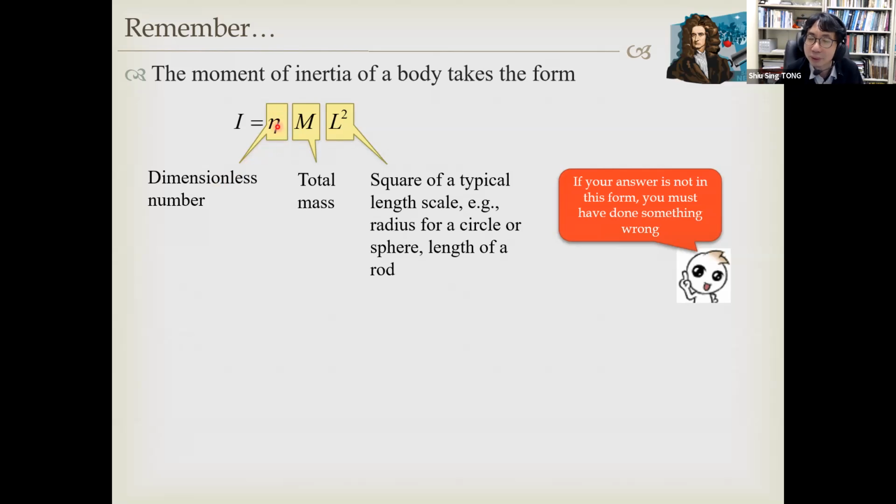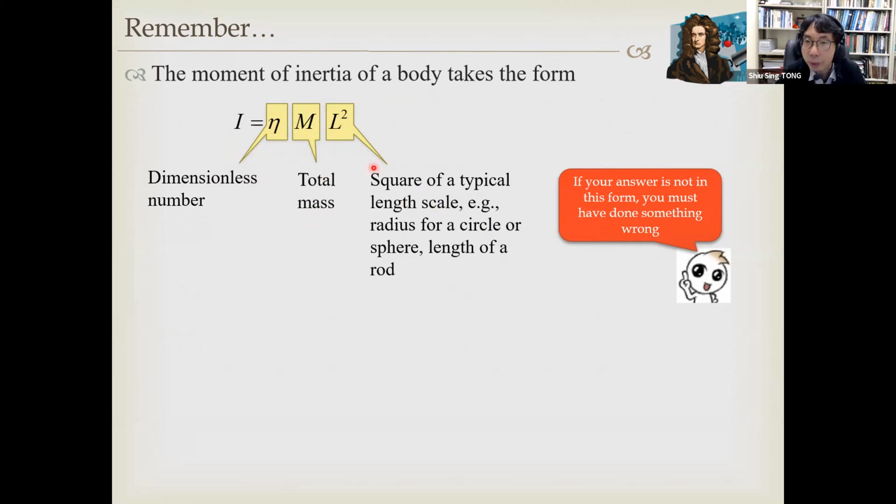This number you can't really guess from the shape of the object. You have to do an integration, most of the time. So in doing all the integration, you actually amount to only finding this dimensionless number, and the rest of the form of the object is mR squared. You can guess it. Okay.